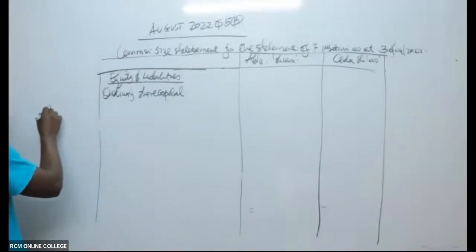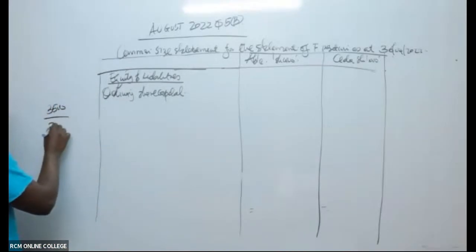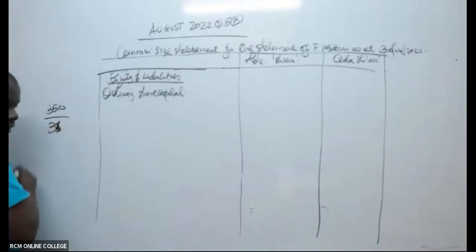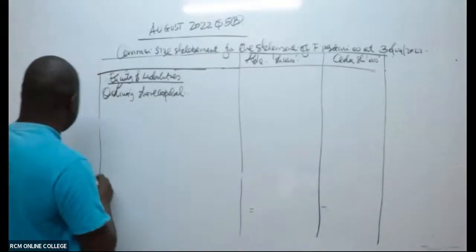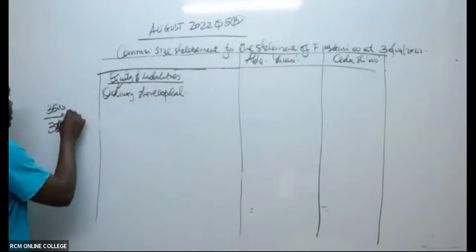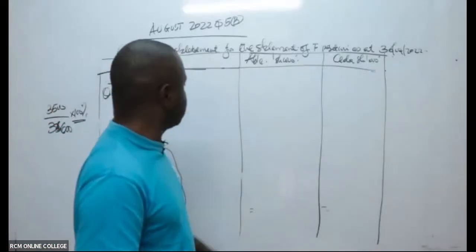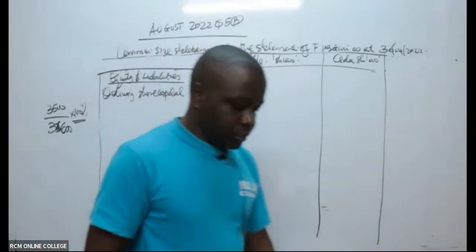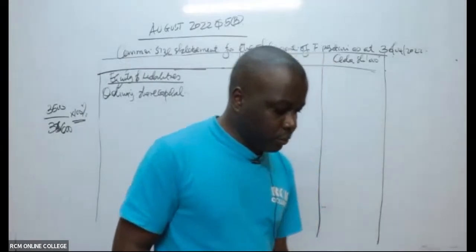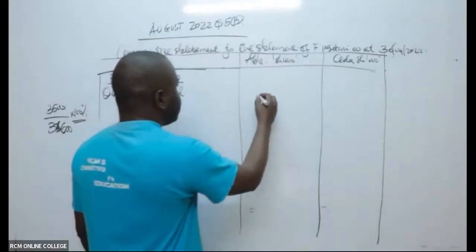So you take 3.5, 100 divided by 36... 33, is it 33,600? 33,600. Then you multiply by 100%. You're getting how much for the ordinary share capital? That is 10.4%. So averagely that is 10%.